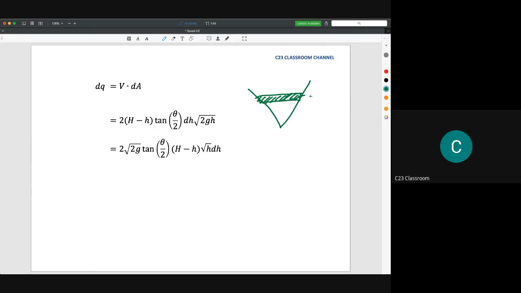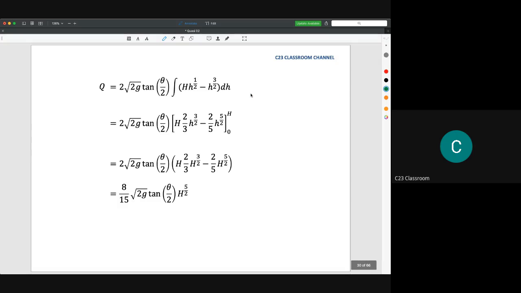So this is dq. But we need to calculate what is the value of the flow rate for the whole area. So what we need to do is we need to integrate these terms. So to get the total Q here, we integrate.